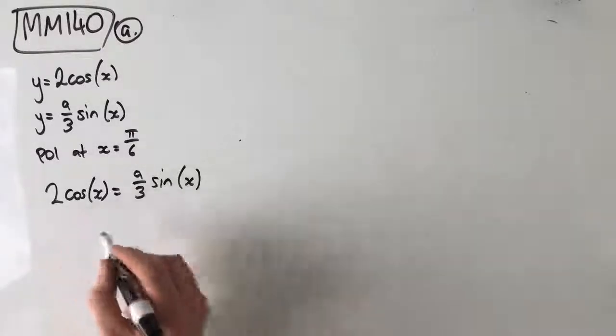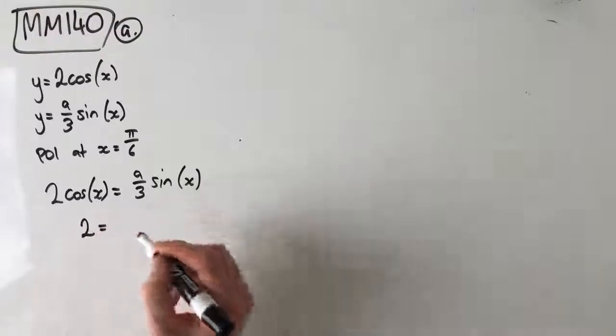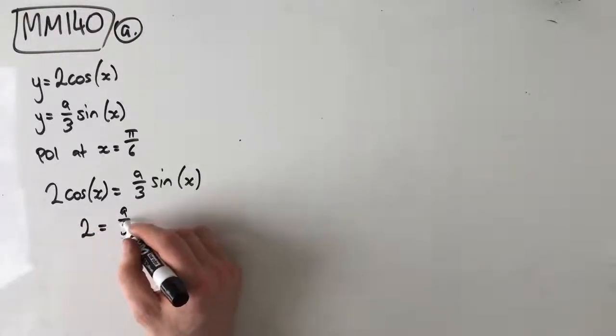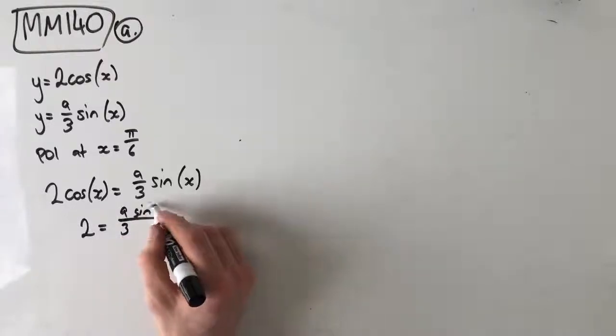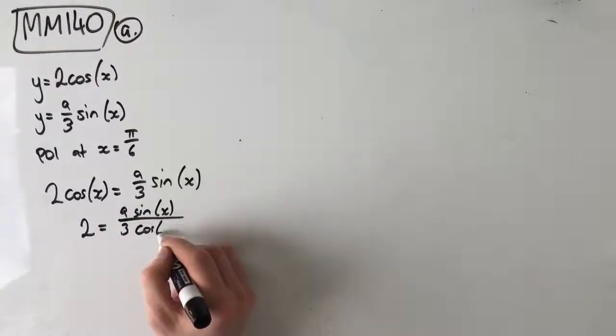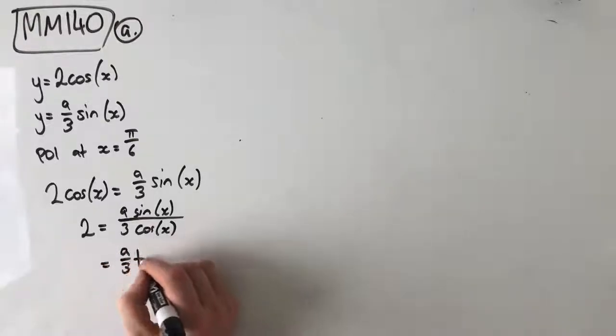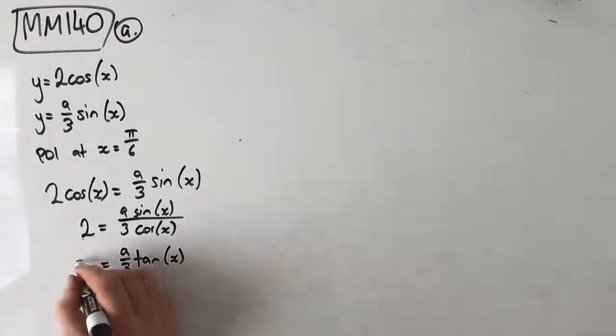So keeping in mind that sin x over cos x is equal to tan x, let's divide both sides by cos x to get 2 over a over 3 sin x over cos x. Awesome. Which means that we have a over 3 tan x equals 2.